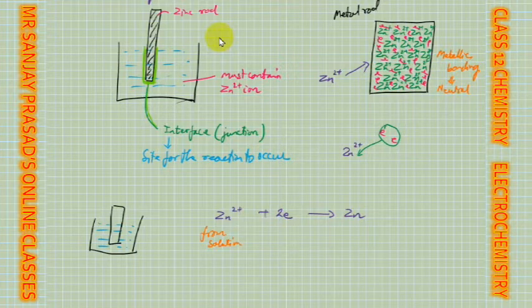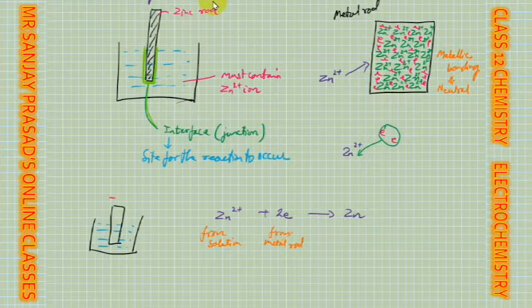The 2 electrons were on the metal rod, so from the metal rod they are going here. This goes out, isn't it? So when this goes out, what actually happens on the metal rod? The metal rod loses 2 electrons.